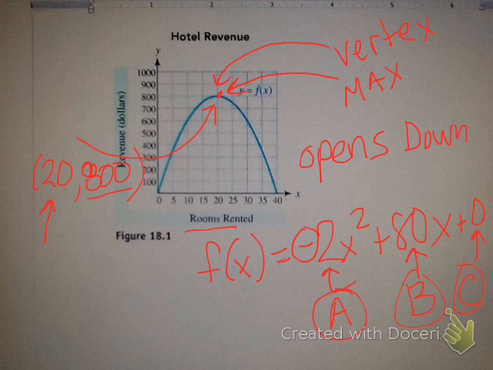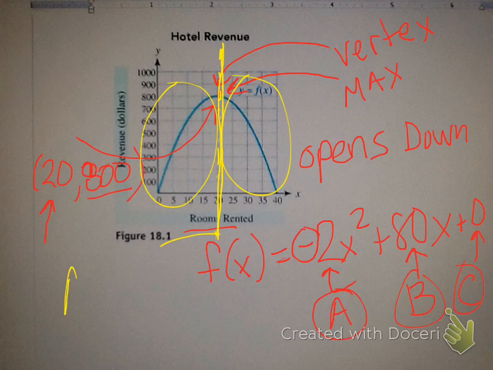The other thing is the axes of symmetry. What that means is that there's a line at which this parabola becomes symmetrical, meaning that this side mirrors this side. So this is called the axes of symmetry.